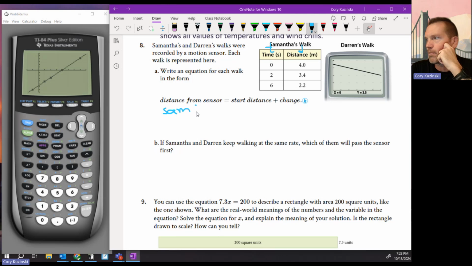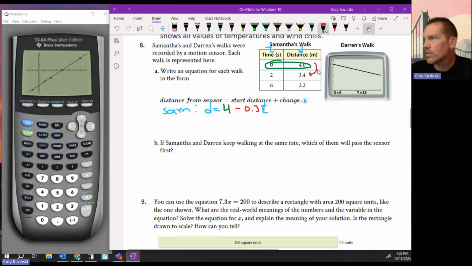Abbreviate her. We're on first name basis, nickname. So her distance is equal to 4 minus 0.6. Nope, that's not right. 0.3 times t.